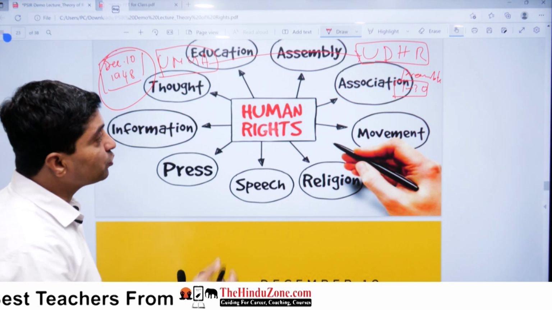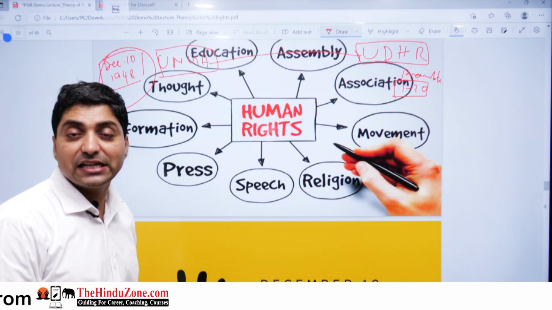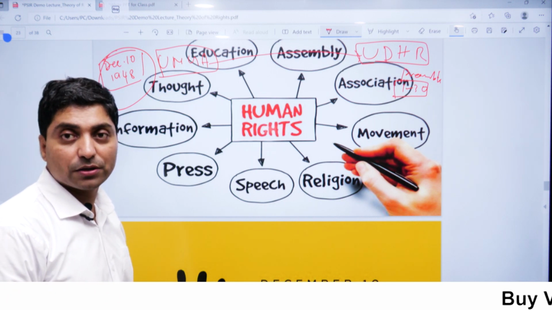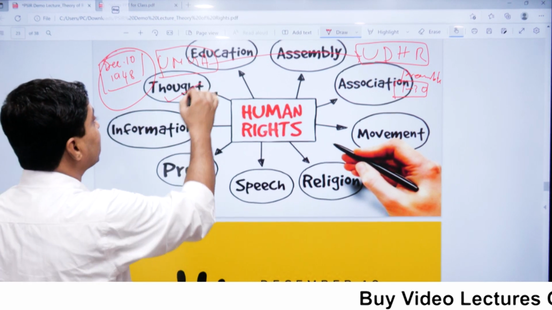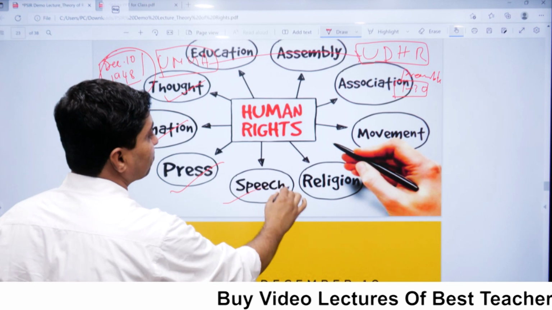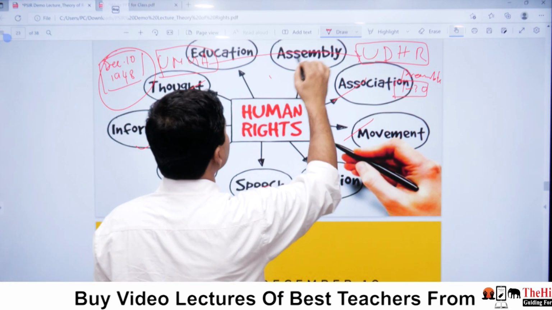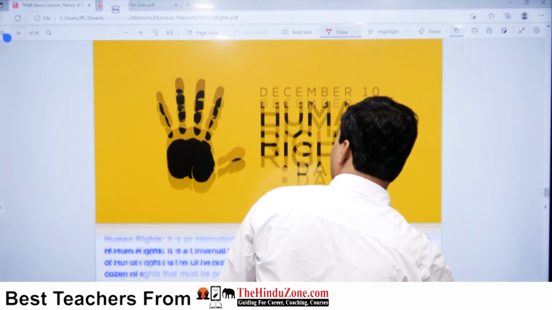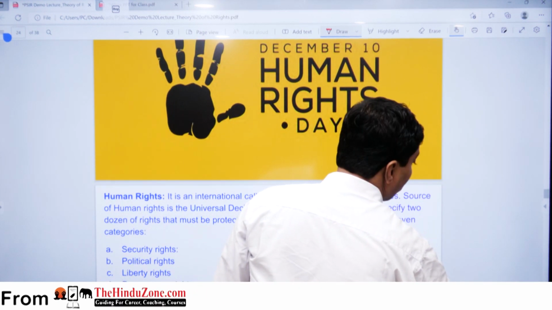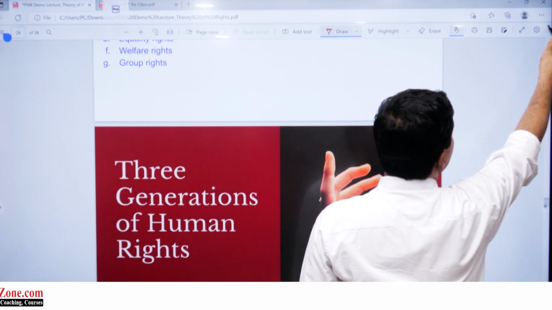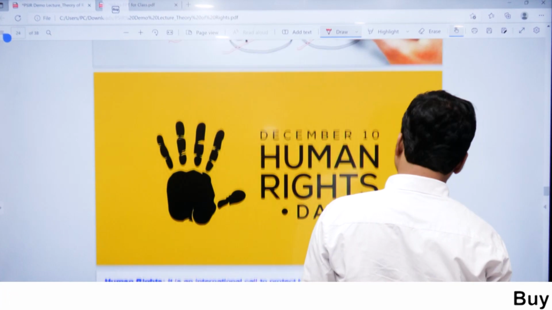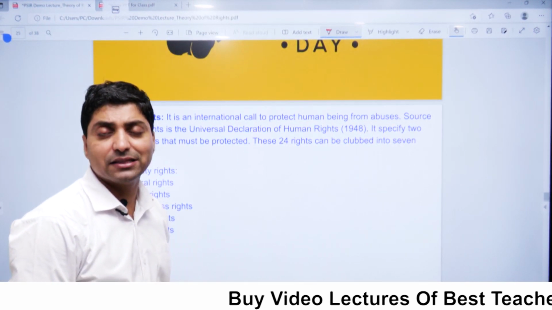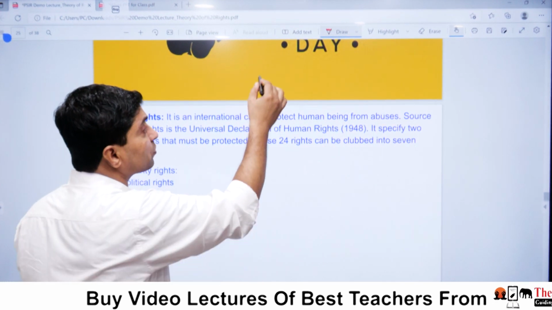The UDHR recognizes that each individual is equal and has equal moral worth. It recognizes the right to thought, information, press, speech, religion, movement, association, assembly, a large number of rights. Let's talk about it in detail. The human rights were declared by the United Nations General Assembly on December 10, 1948, in 30 articles.